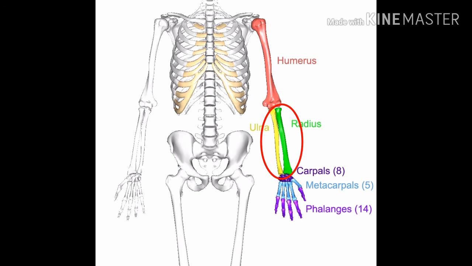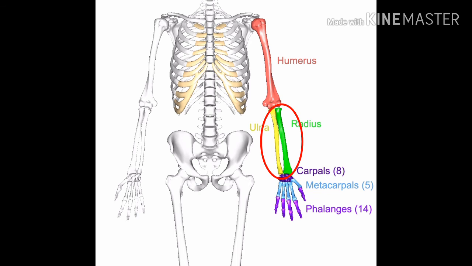Forearm. Two parallel long bones, the radius and the ulna, form the skeleton of the forearm or antebrachium. Their proximal ends articulate with the humerus, and their distal ends form joints with bones of the wrist. In anatomical position, the radius lies laterally on the thumb side and the ulna medially.